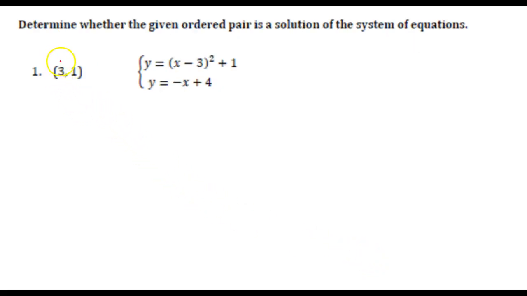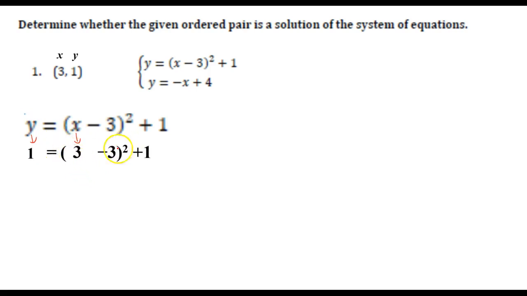So here we'll plug in X and Y. There's our ordered pair. Let's go ahead and write down the first equation. We're going to replace each one of these variables, here I'm going to write in 1 and 3, and rewrite everything else.